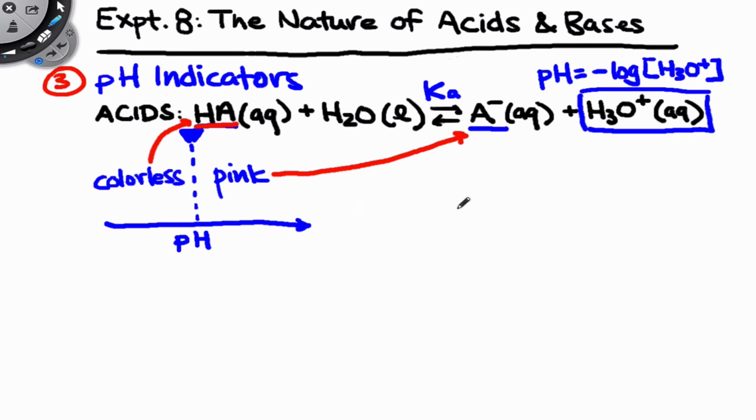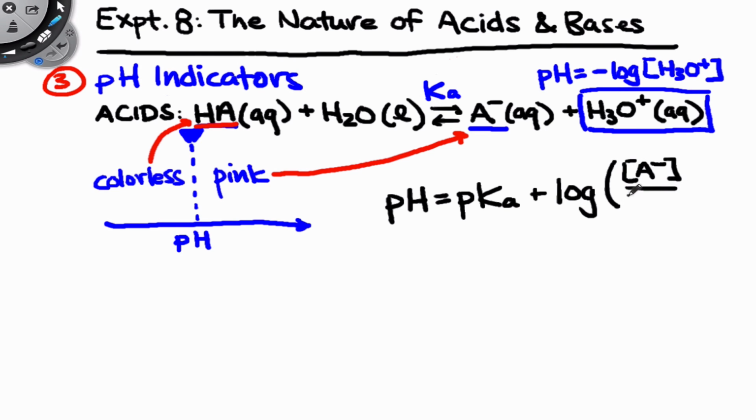And in fact, by writing the equilibrium expression for acid dissociation, in other words, the equilibrium expression associated with this Ka, and taking the negative logarithm of both sides, we can write an equation that helps us relate the pH at which a color change occurs to the pKa of the weak acid, which we can simply look up, and the ratio of these concentrations, A- to HA.